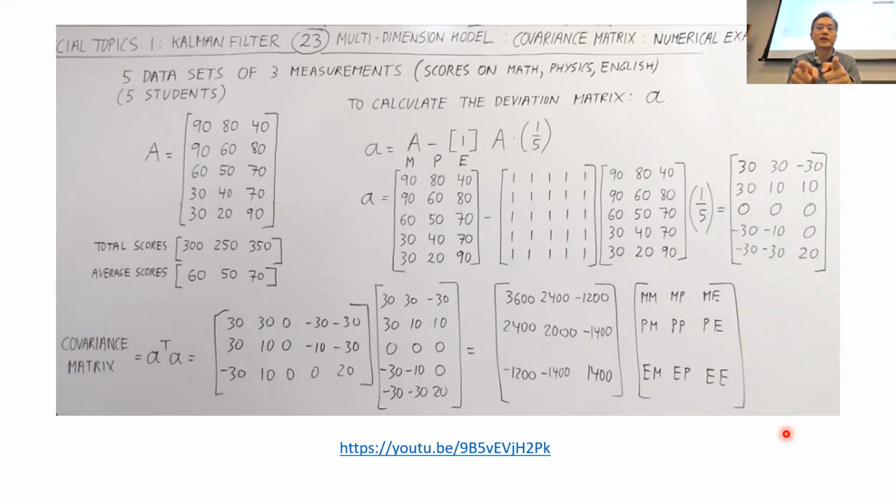In that case, it's 3 subjects: math, physics, English, and 5 students. How can you compute a covariance matrix? The covariance matrix is the pairwise covariance between each pair of these variables. So if you have 3 variables, you end up with a 3 by 3 covariance matrix.